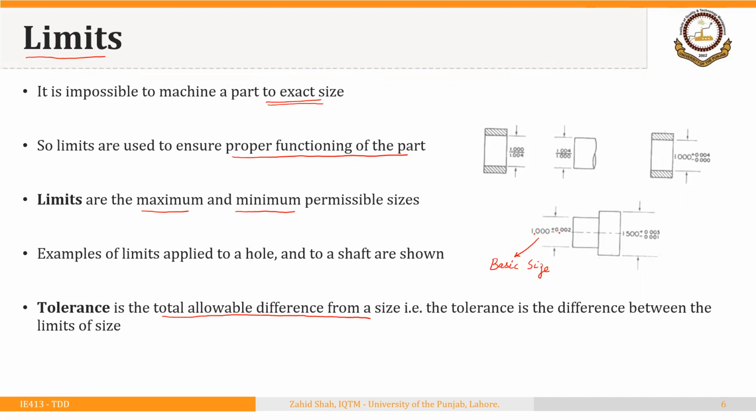So plus minus 0.002 means that we can have a size of 1.002, and that is called the upper limit of the size, and we can have a size of 0.998. So that is the lower limit of size. And the difference of these two, in this case 0.004, is the tolerance.